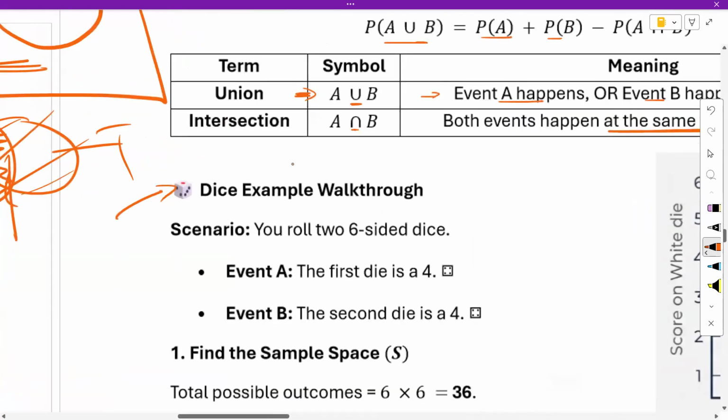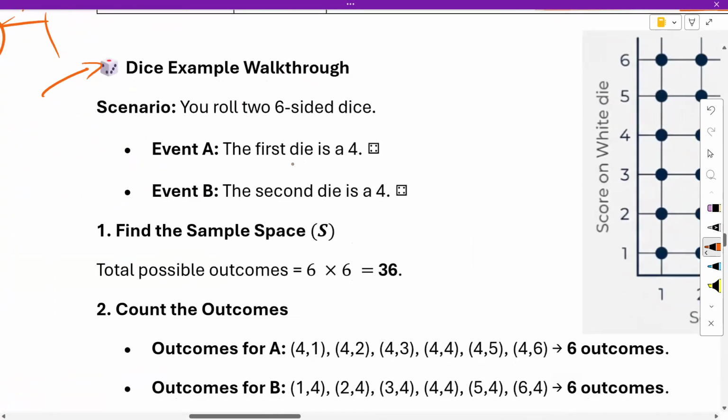So, the dice scenario. You roll two six-sided dice, and you define event A: the first die scores 4. Event B: the second die is 4.